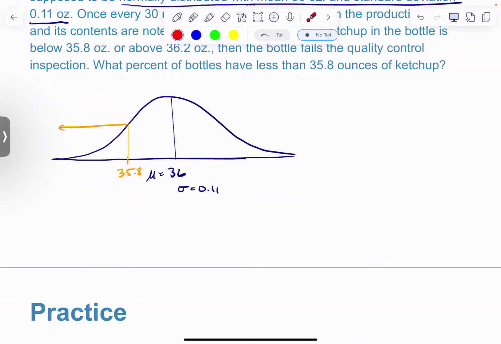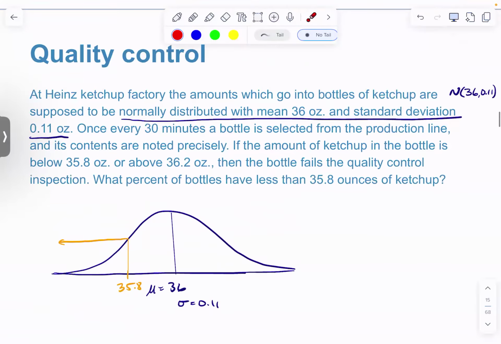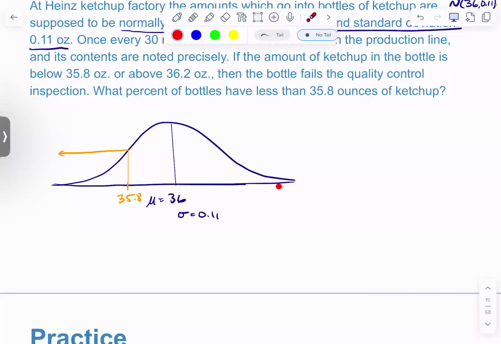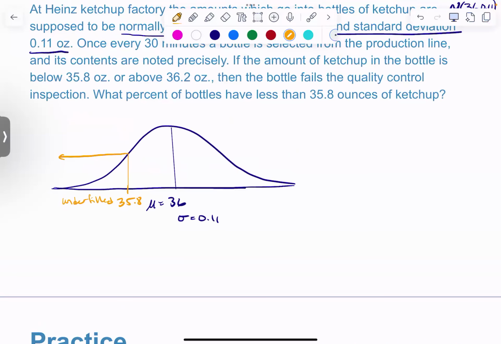And remember, on this lower axis that we're working on, those are the ketchup amounts in ounces. So of course it's decreasing as you move out. These are underfilled. And on the flip side, 36.2 is above 36.